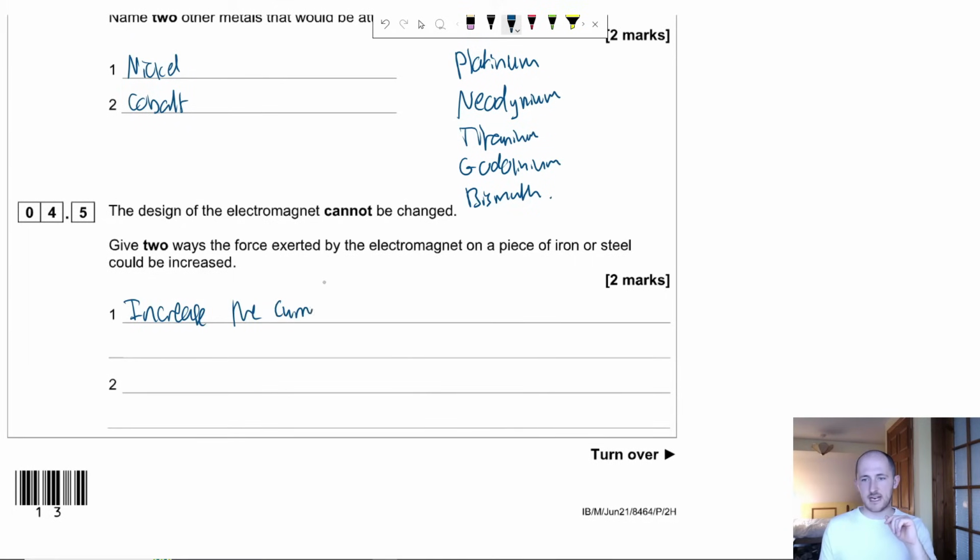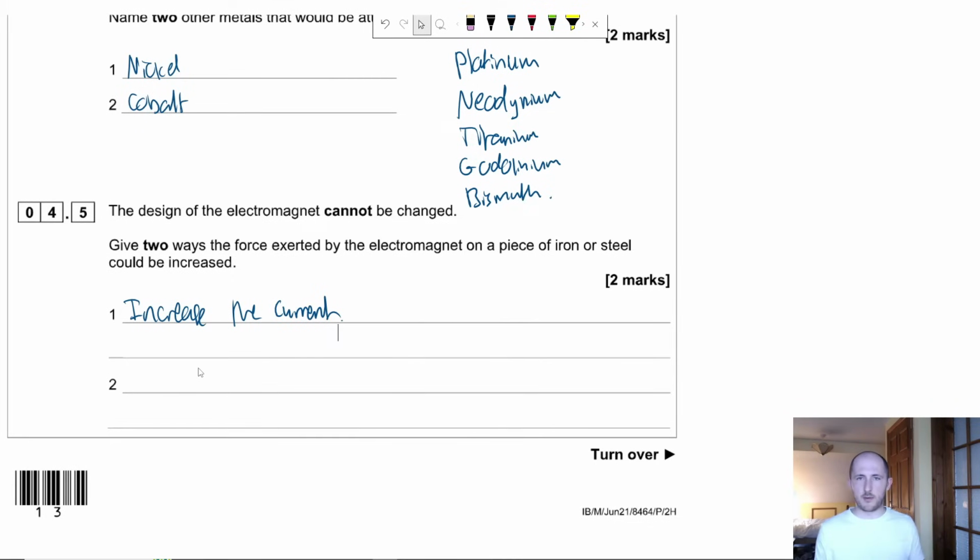Now, in this actual exam, the second one was very difficult because it's not in textbooks. Okay, so again, the other things, soft iron core, etc. All of those standard ones. But they're saying the design cannot be changed. So the other one was a lot trickier for people to kind of come up with. Now, as with all forces, magnetism gets weaker with distance.